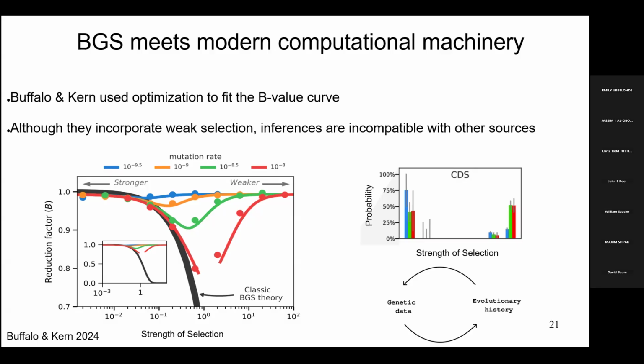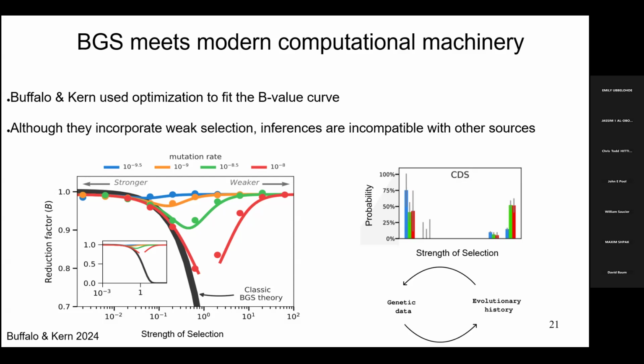So here we see predictions for different mutation rates. This plot is a bit complicated, but we can walk through it. Each color represents a different mutation rate. On the left here, we have stronger selection, and on the right part of the plot, we have weaker selection. The dots show simulation results, and then the lines show predictions.